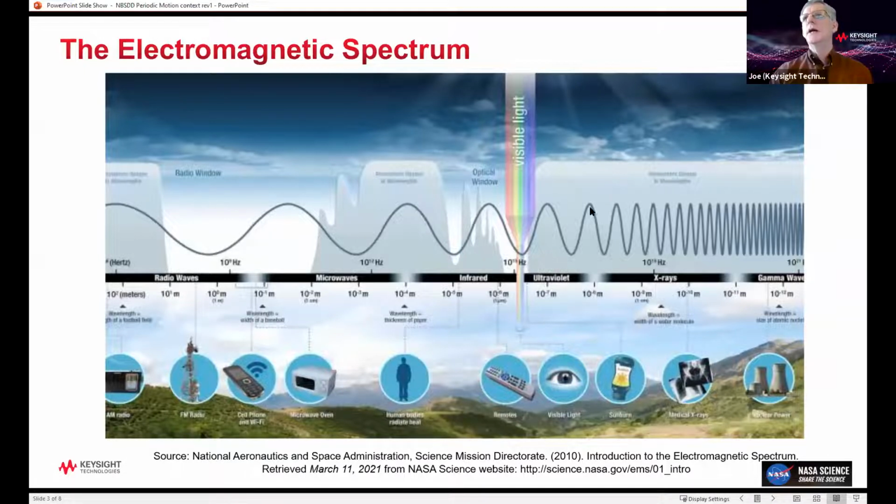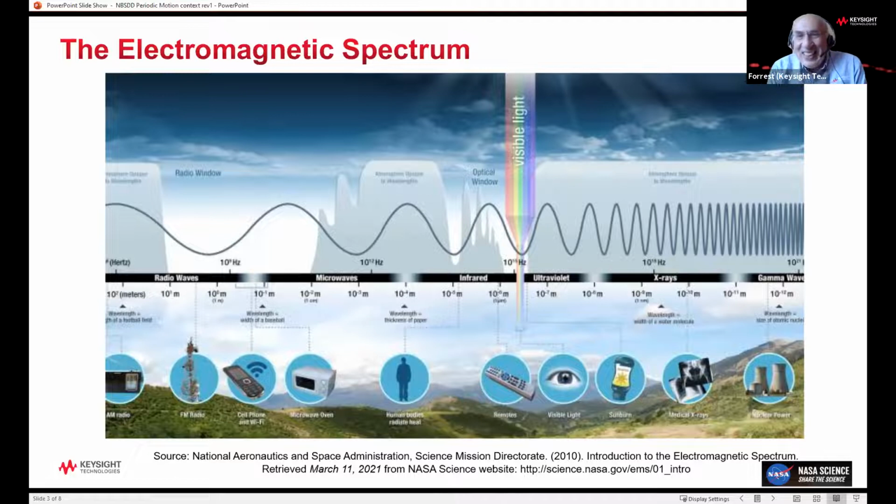So 28 billion times a second, this thing's going up and down. That's really fast. And it's a struggle. The faster they're going, like Joe is outlining, the more sophisticated your instrumentation has to be to do those measurements. And the higher in frequency you go, the trickier it becomes.